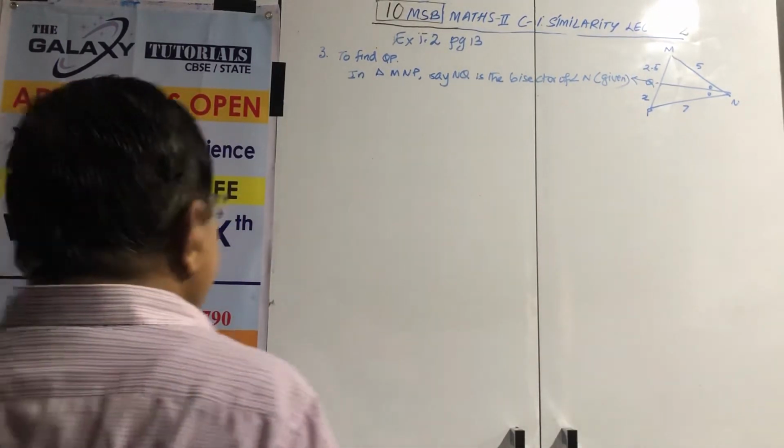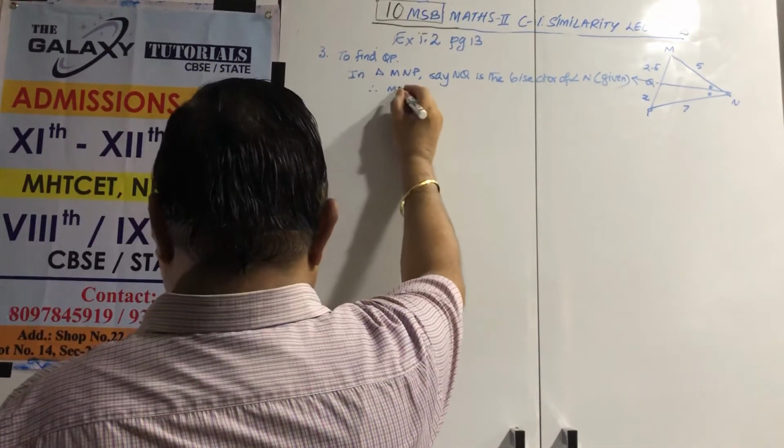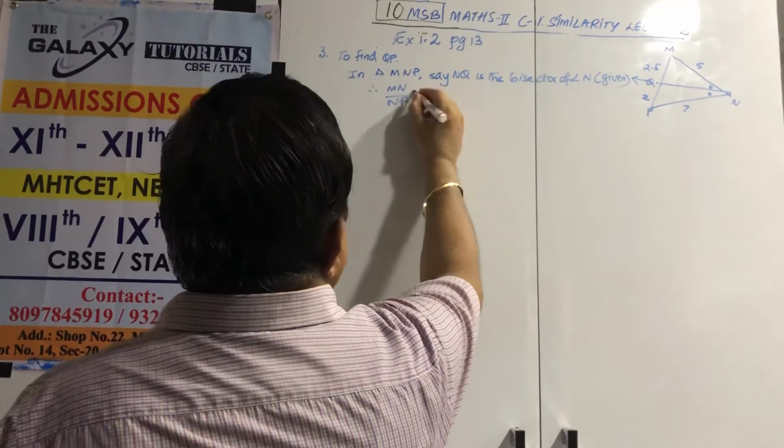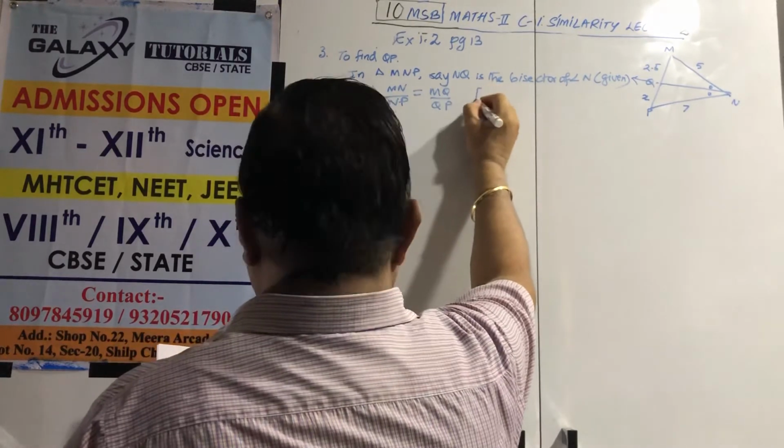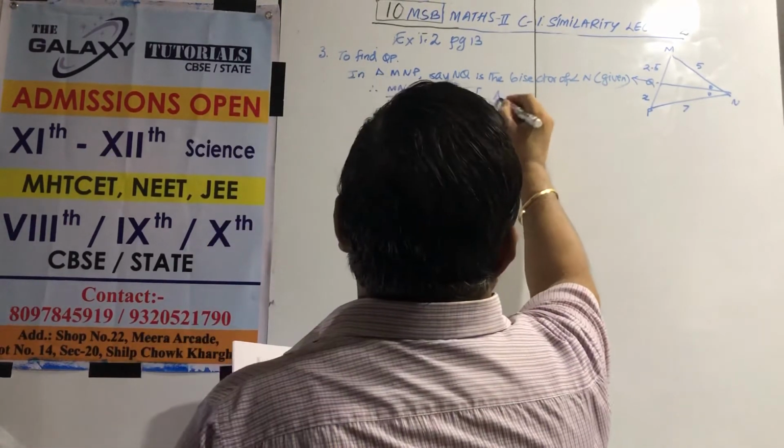Therefore, MN upon NP is equal to MQ upon QP. How? Angle bisector theorem.